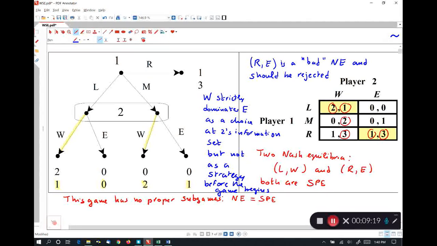Right. As a strategy, if you compare W to E, so look at the strategic form, you have that against L, W gives 1, E gives 0, so W gives a higher payoff. Against M, W gives 2, E gives 1, so W gives a larger payoff.